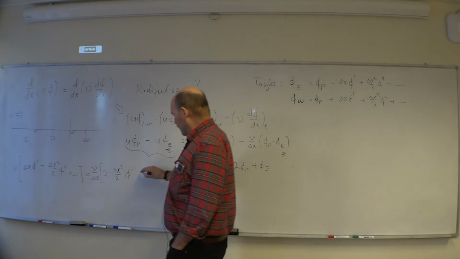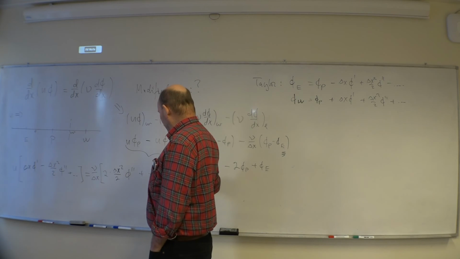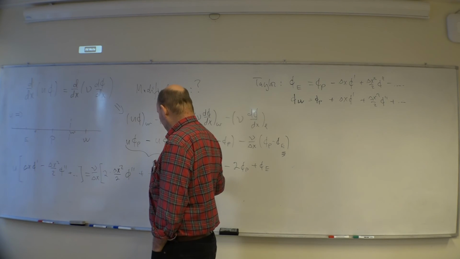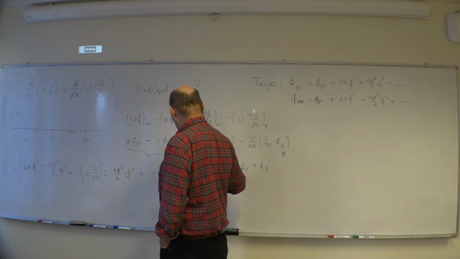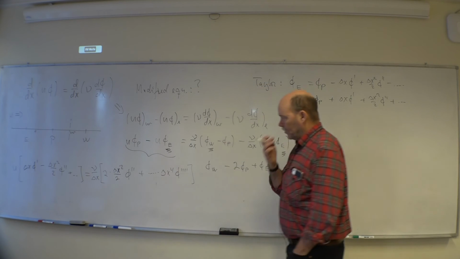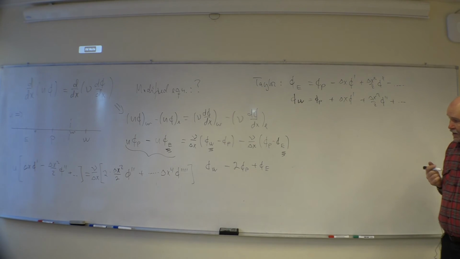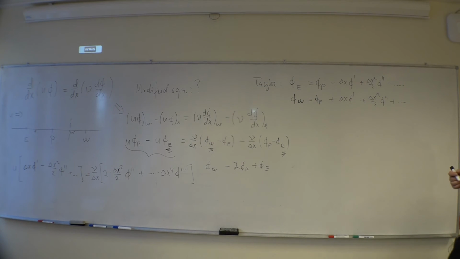So I will have something here with delta x to the 4, phi 1, 2, 3, 4. And then, of course, even higher order terms. So now that should be my modified equation.